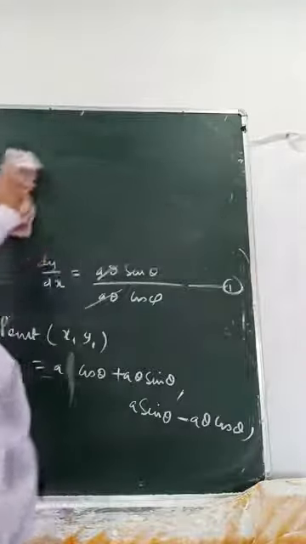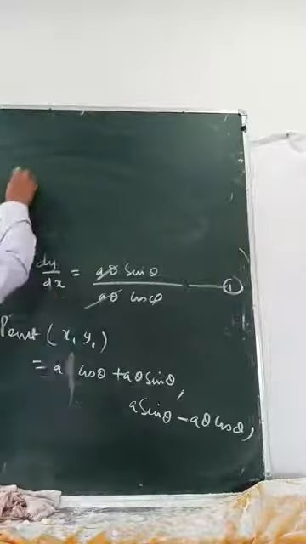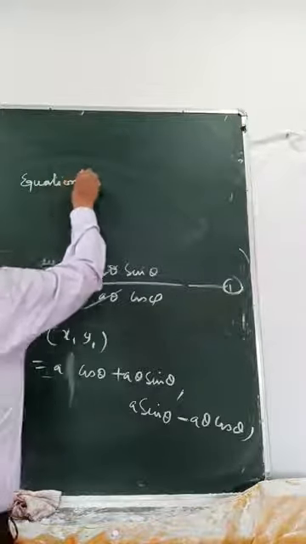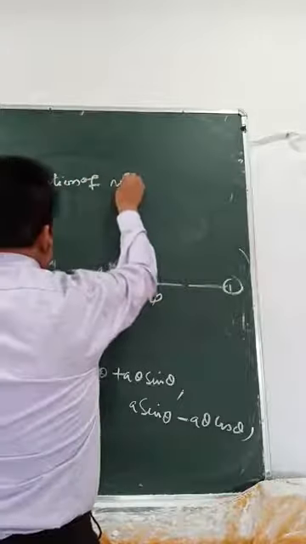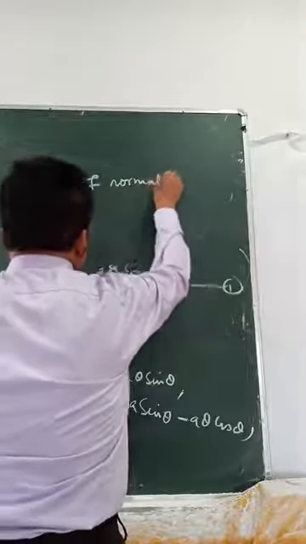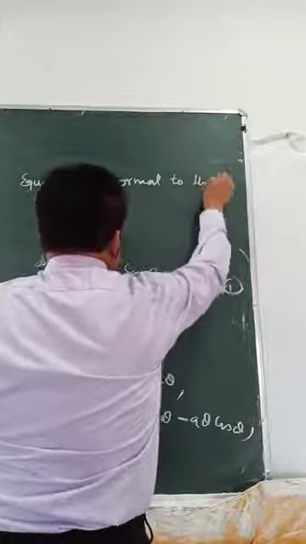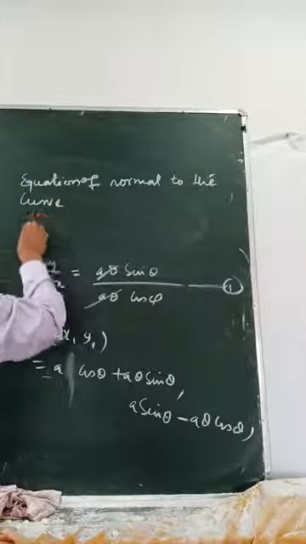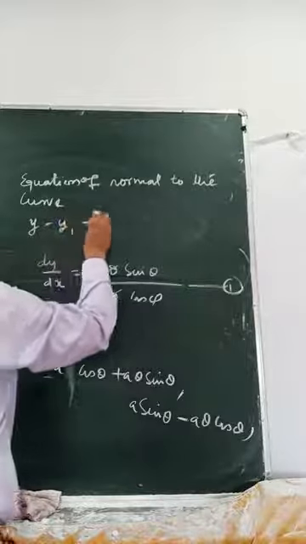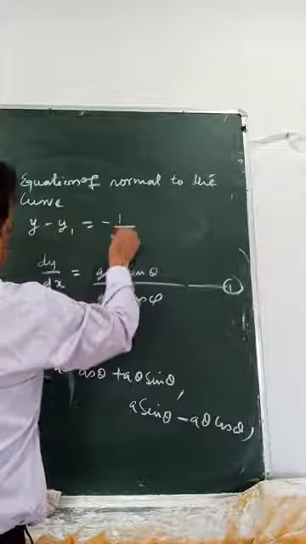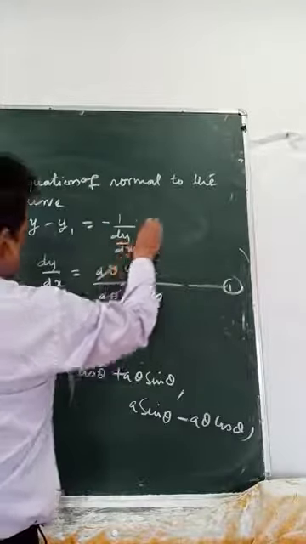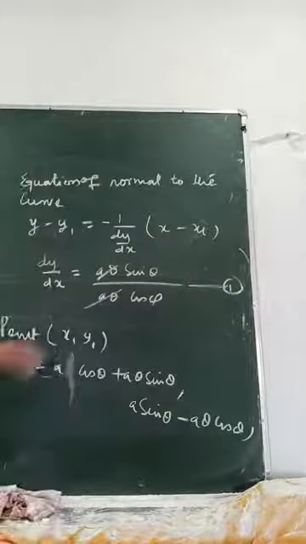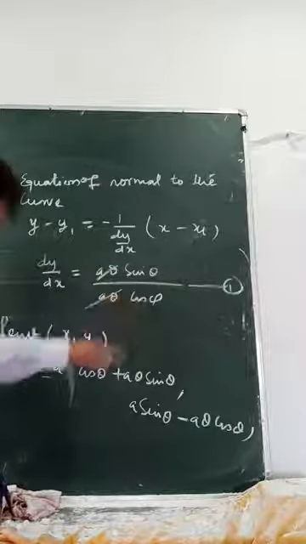So let's write the equation of the normal to the curve. Recall the formula: y minus y1 equals minus 1 by dy by dx times x minus x1. Okay, dy by dx, we will put this value.